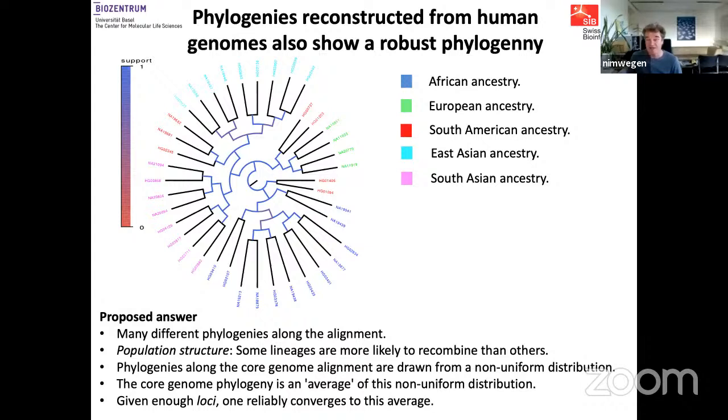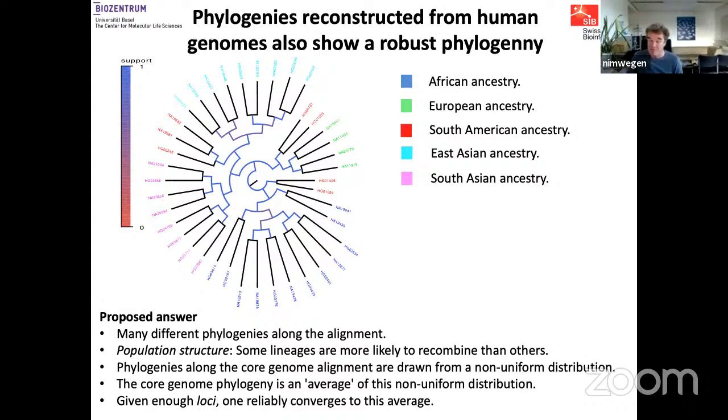And you will find that you will also get a robust phylogeny. All right, so you get a very robust phylogeny where most of these branches occur in most of your resamplings. And they also have patterns that make sense, right? So individuals that have the same geographic ancestry cluster together in this tree, all right?